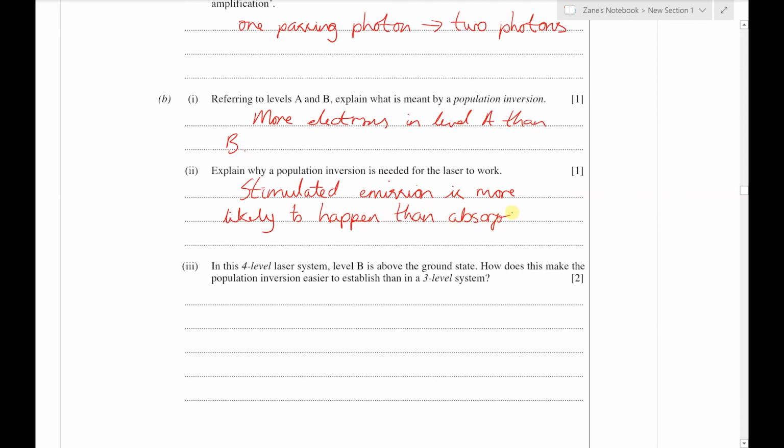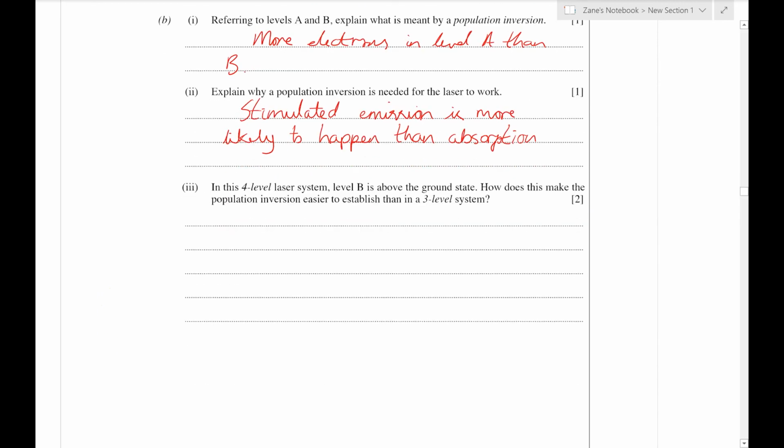Now, what that basically means is that in absorption we actually lose a photon. In stimulated emission we gain a photon. So for our laser to actually amplify the amount of light, amplify the number of photons, we need that stimulated emission to happen more often than absorption.